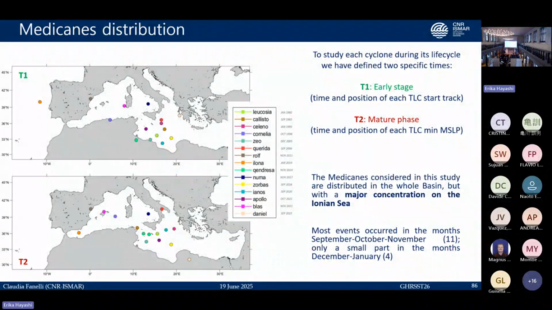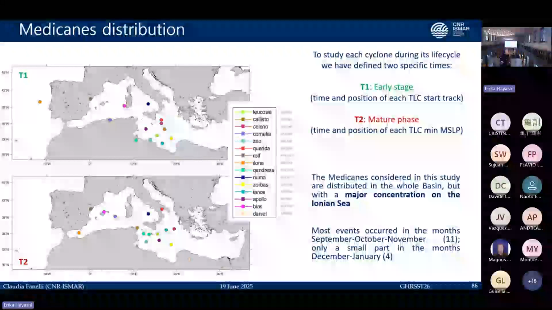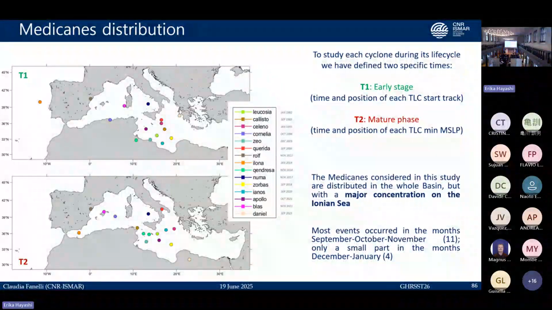As you can see, I hope you can see the colors quite well. We have medicanes in the whole basin, but there is a major concentration in the Ionian Sea.